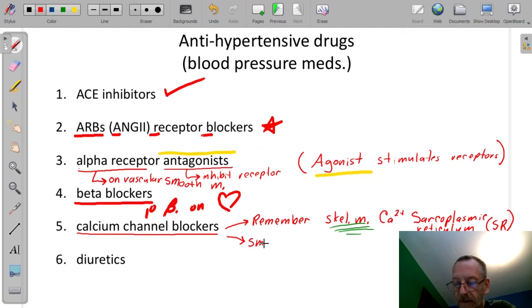So smooth and cardiac muscle rely upon calcium entry from the ECF, the extracellular fluid.